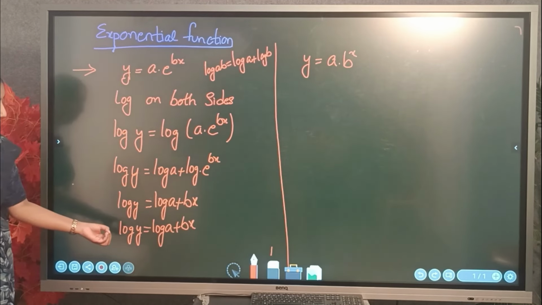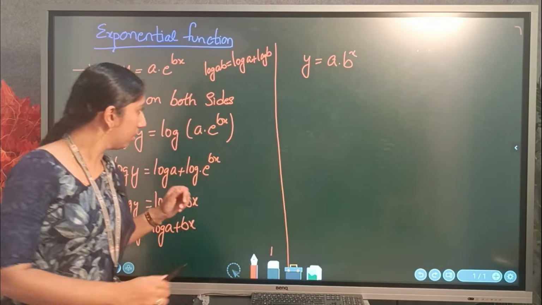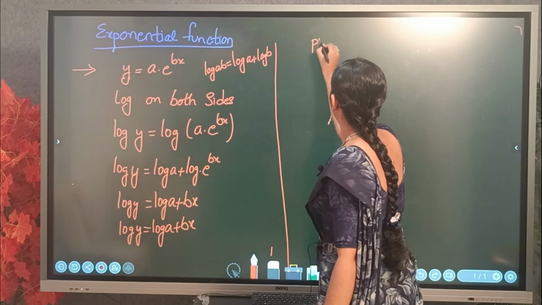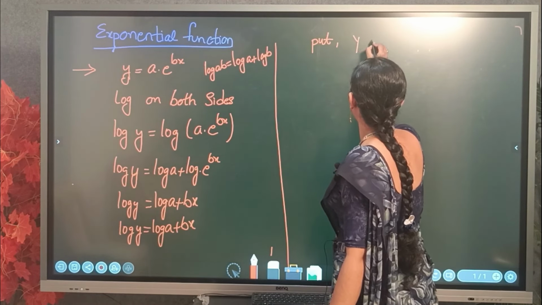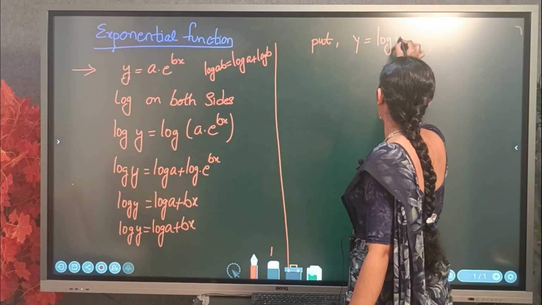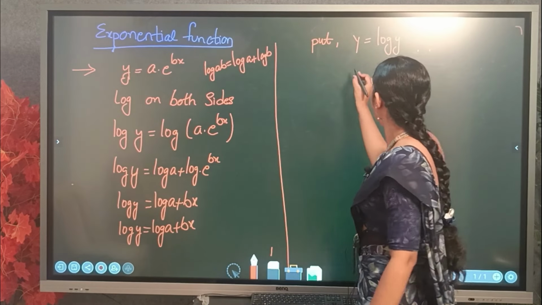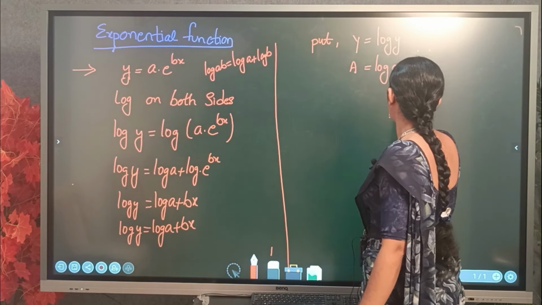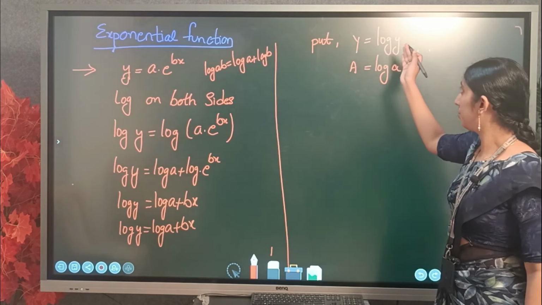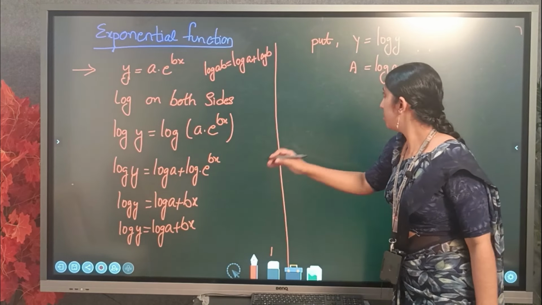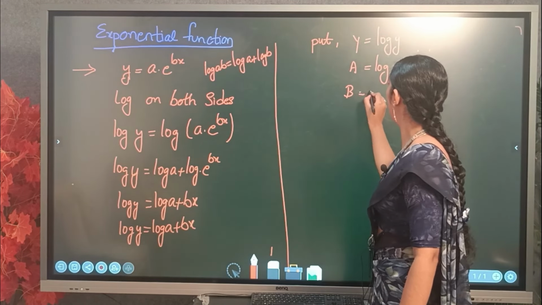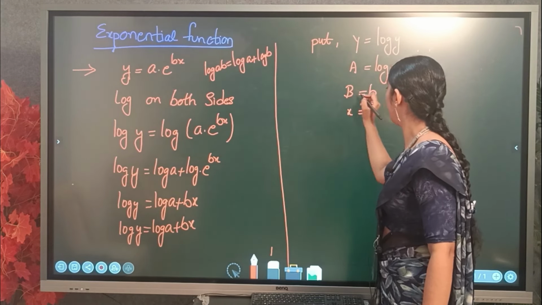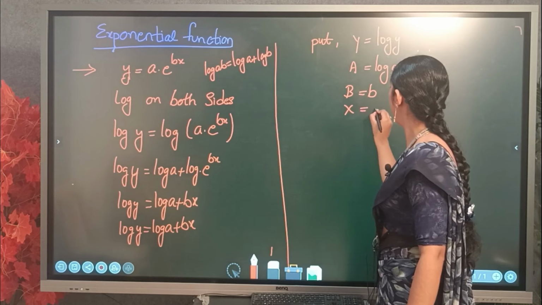This is somewhat difficult to say or write. That's why we are considering capital Y is equal to log y, and put capital A is equal to log a. So a becomes capital A and y becomes capital Y, and we simply equate capital B is equal to b and capital X is equal to x.